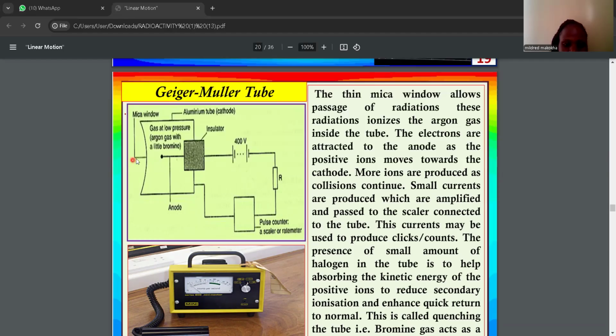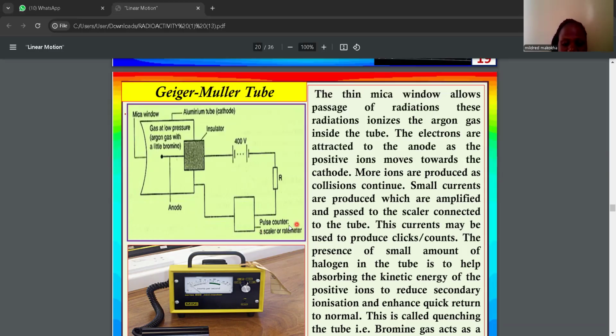Just in case they place a source that is not radioactive, before I go to that, sometimes you will notice that when an experiment is being carried out by the GM tube, even before a radioactive source is placed here, there are some counts that are already registered on what? The pulse counter.